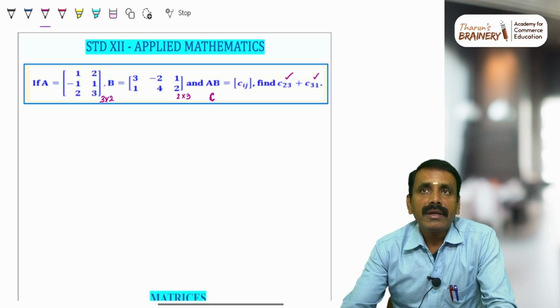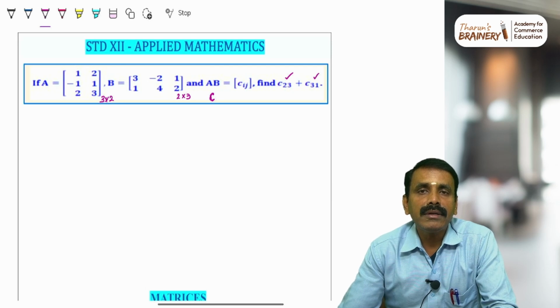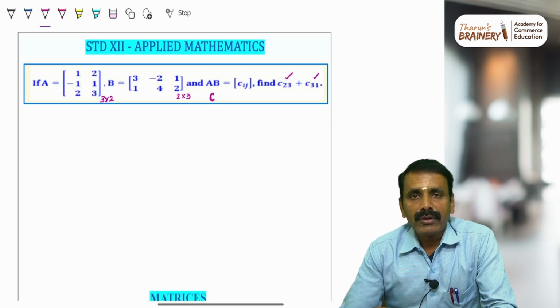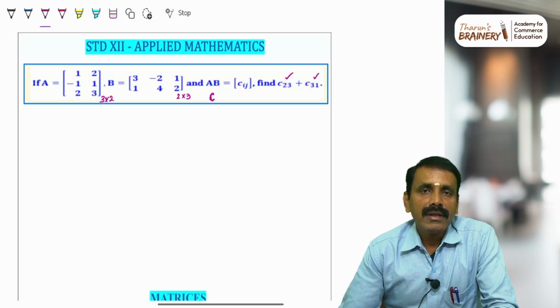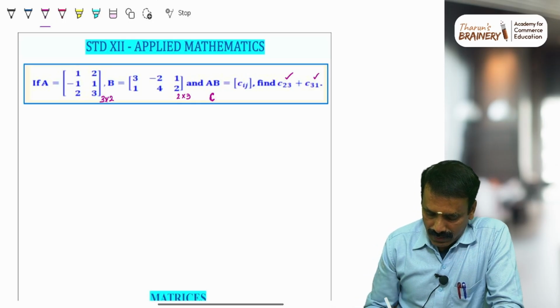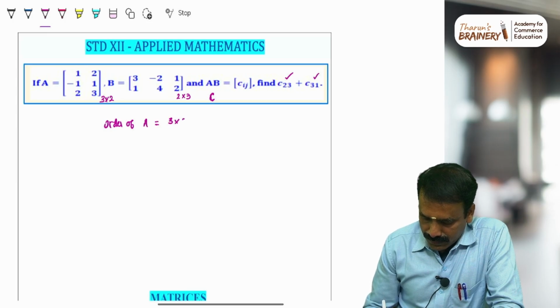Now, without finding the product, can we find a particular element? If you are thorough with matrix multiplication, we can do it. Otherwise, we have to find the product AB and then find that particular element. Is it clear? But first we check whether the product AB is permissible or not. The order of A is 3 by 2.